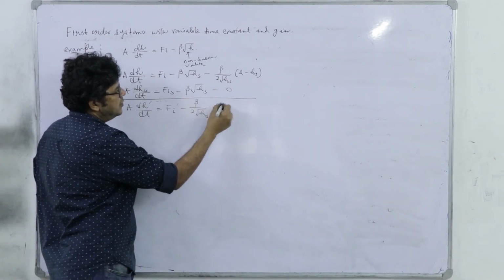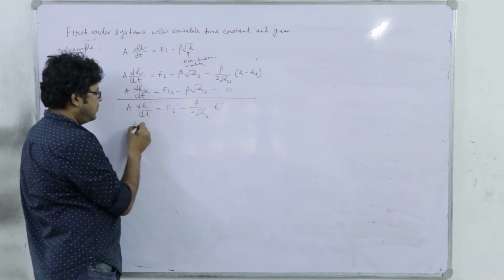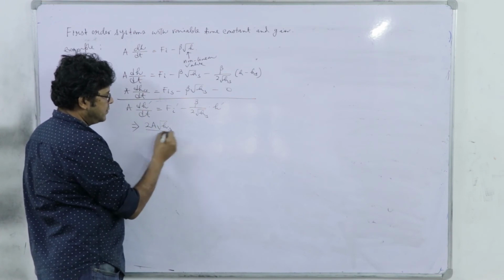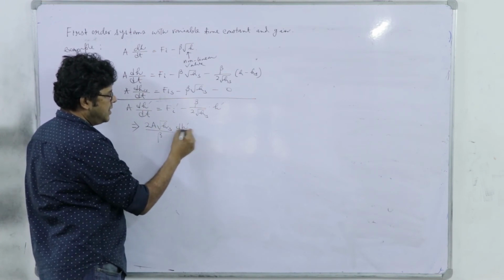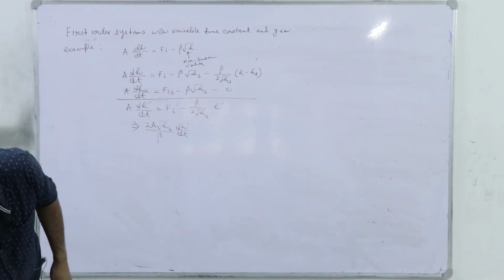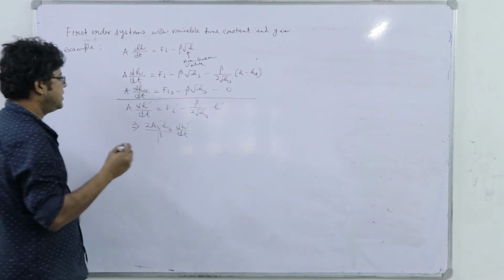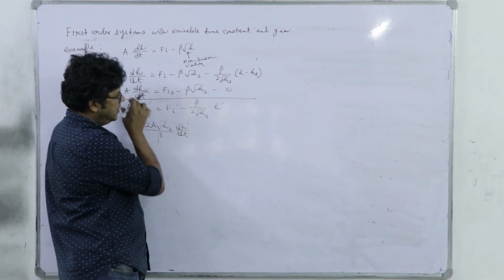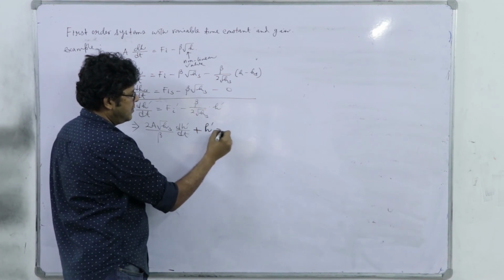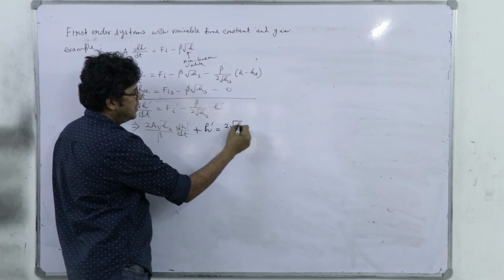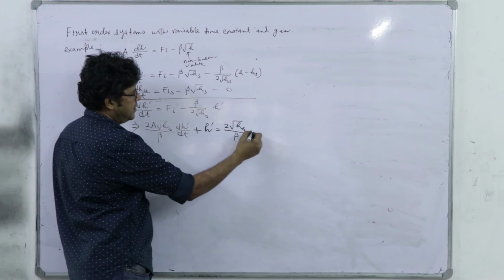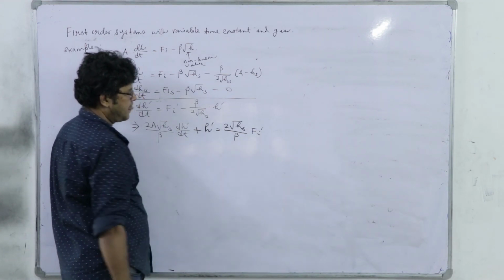So we have 2A under root of hs by beta into dh'/dt, plus h' is equal to 2 under root hs divided by beta into Fi'.